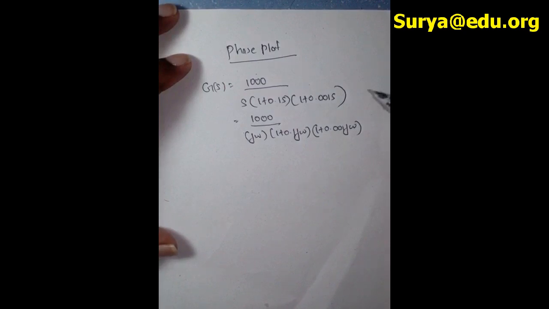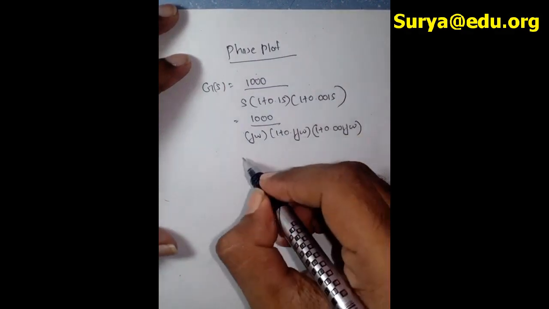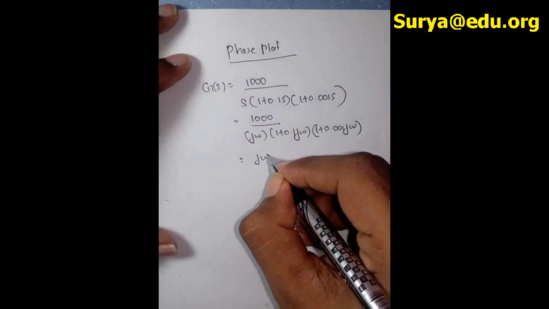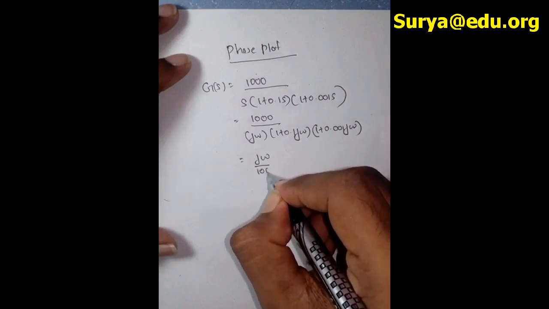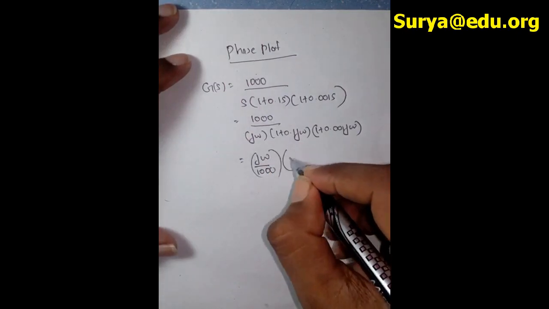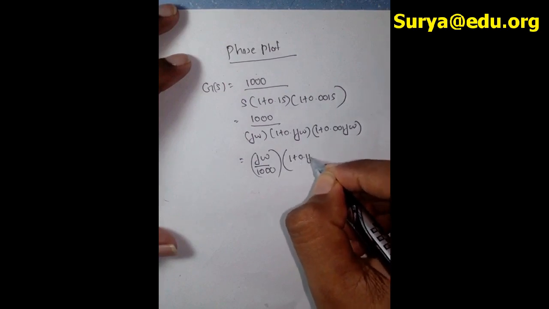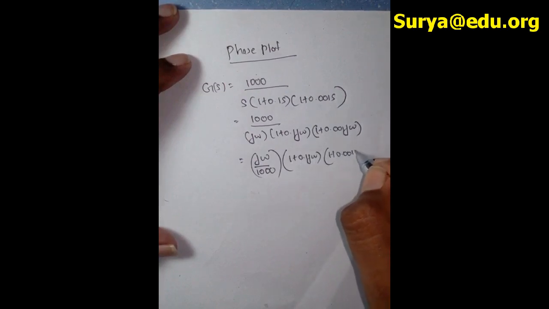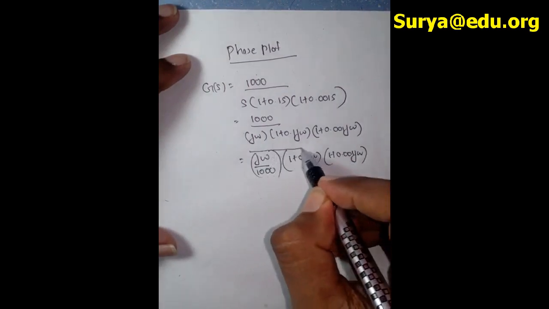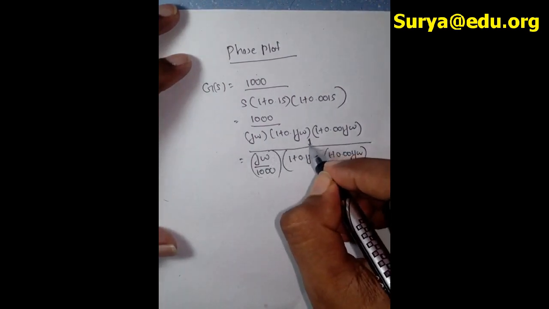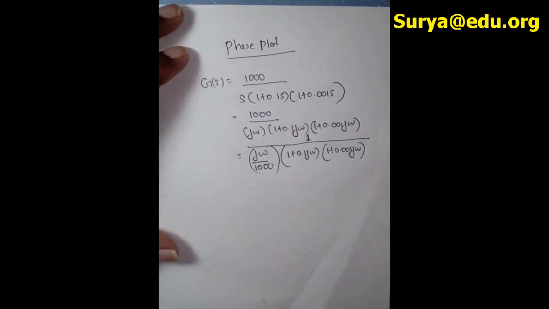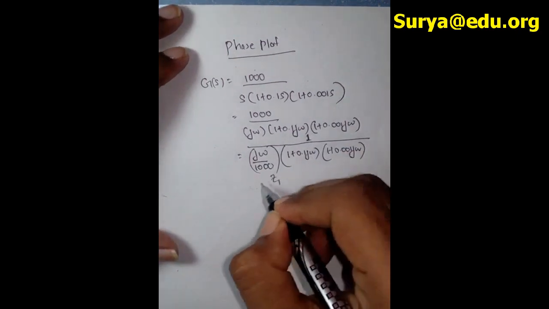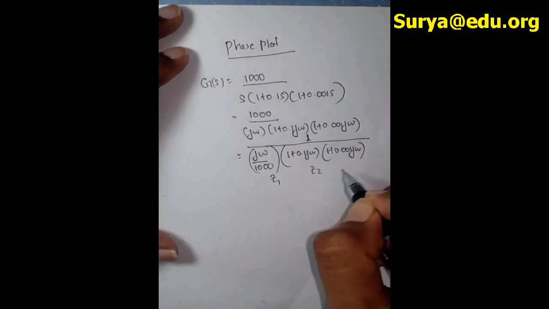I told you to put this 1000 downwards, so this becomes j omega divided by 1000, times 1 plus 0.1 j omega, times 1 plus 0.001 j omega, with the 1 in the numerator.